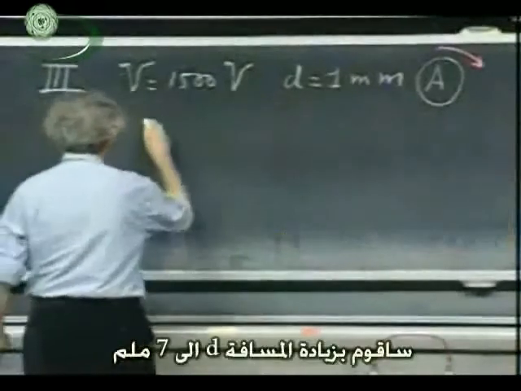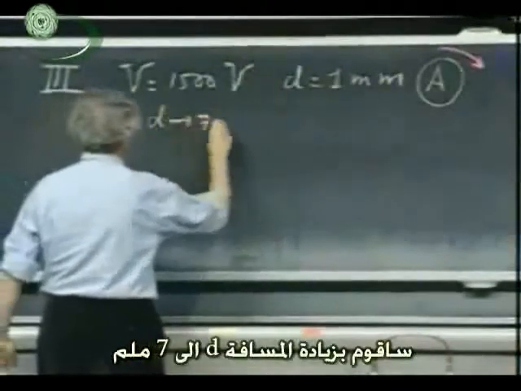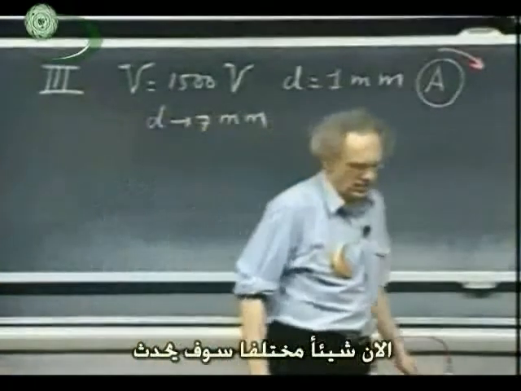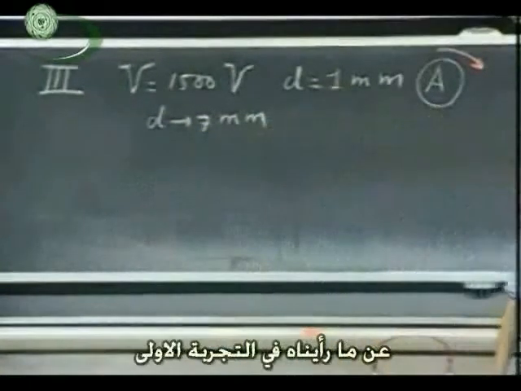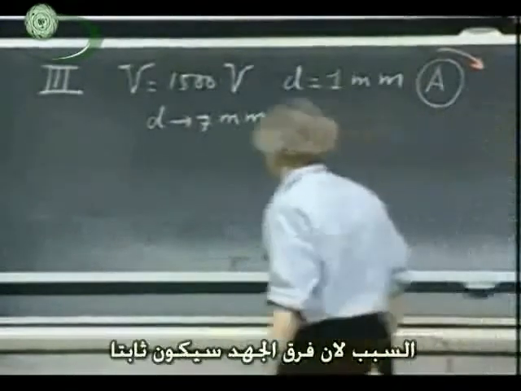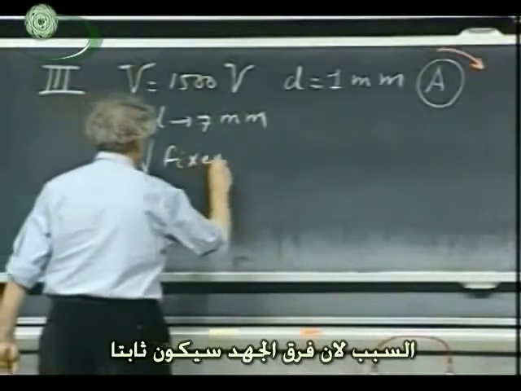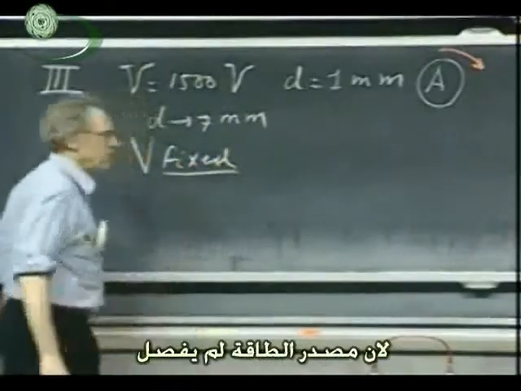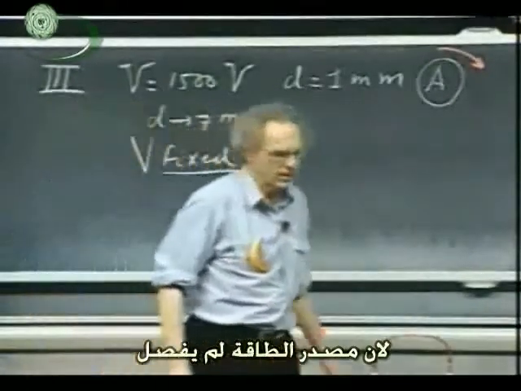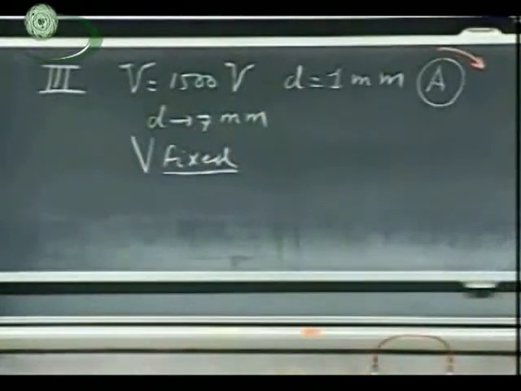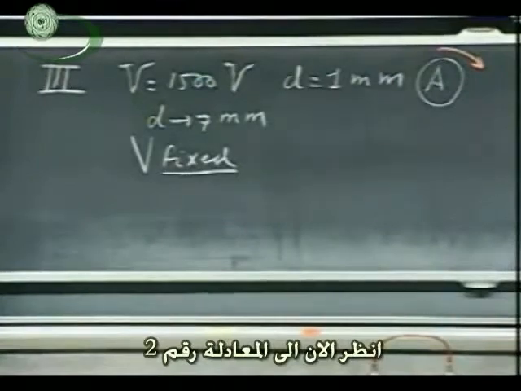Now I'm going to increase D to 7 millimeters. Now something very different will happen from what we saw in the first experiment. The reason is that the potential difference is going to be fixed, because the power supply is not disconnected. The power supply stays in place. Look now at equation number 2.